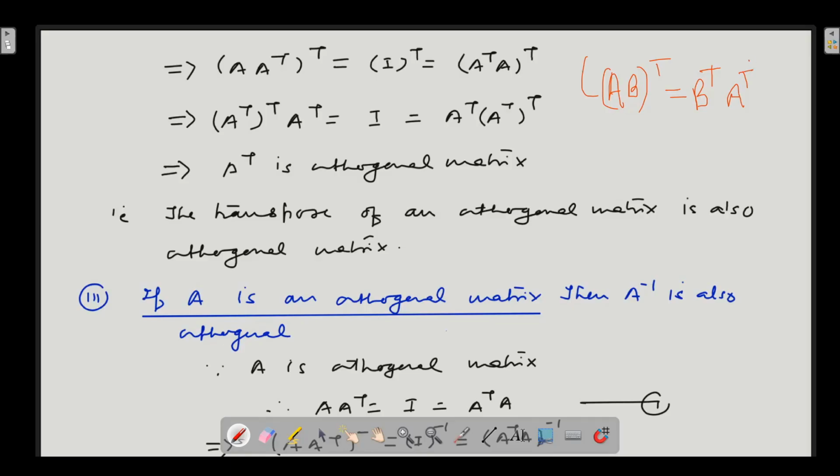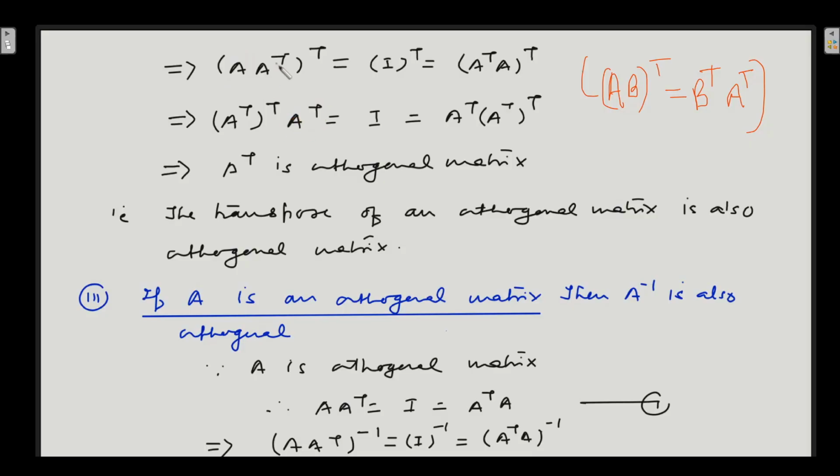By using this property, in the place of B there is A transpose, so the A transpose transpose will come in the front, and the first A will go to the last.